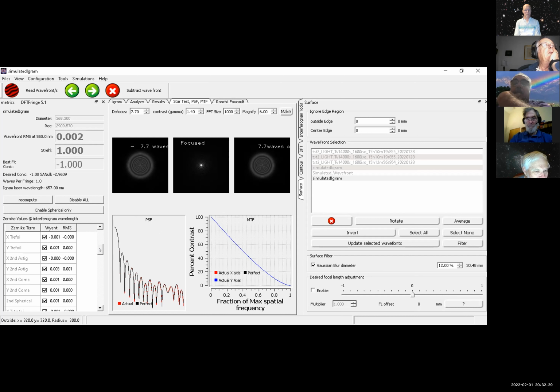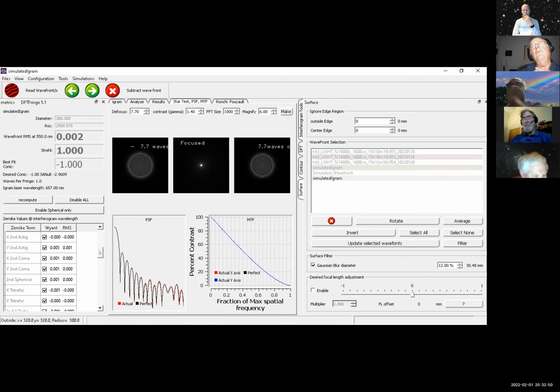We could introduce some astigmatism and other things in here. Astigmatism wouldn't make the circle bigger, I think. Third order coma.